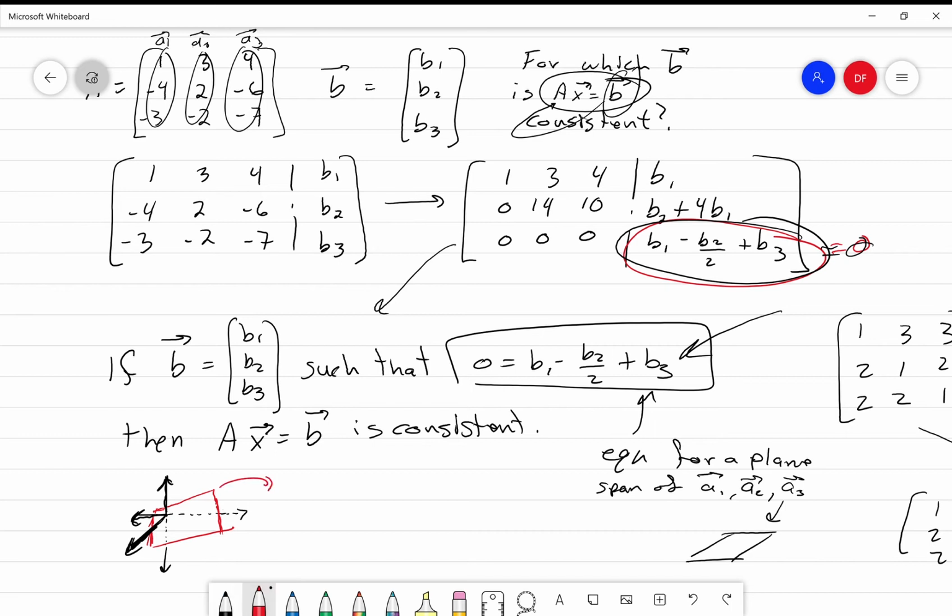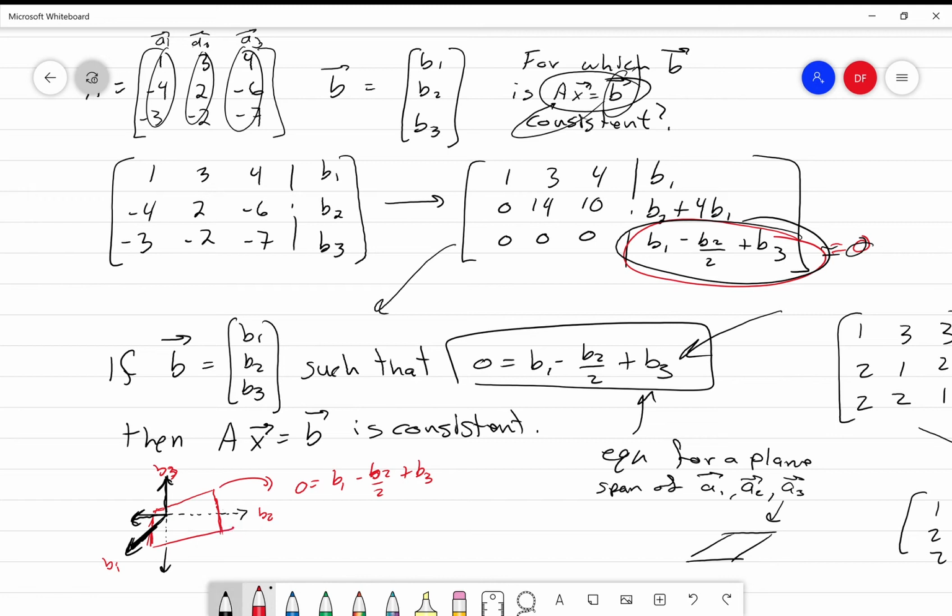The equation for this plane is 0 equals B1 minus B2 over 2 plus B3, where I have here B1, B2, and B3.